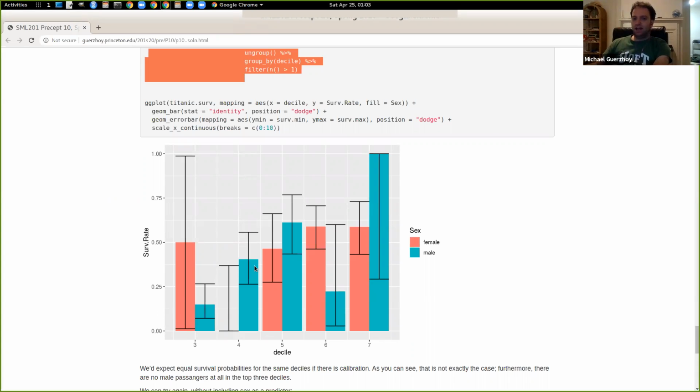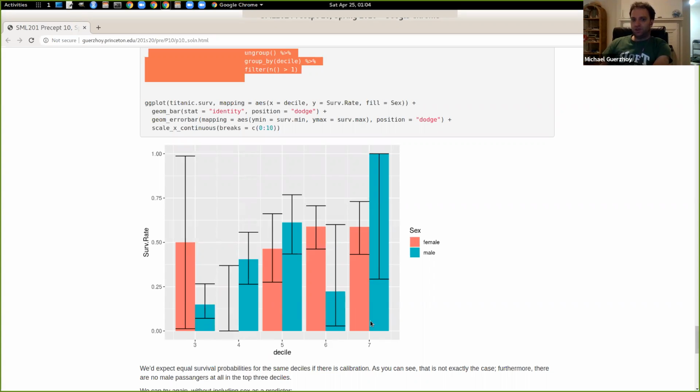So if for a woman the output is 60% probability of survival, it should mean the same thing as for a man. In practice, for third decile females and third decile males, it should be the same. This is males, this is females. The probability of surviving should be the same.